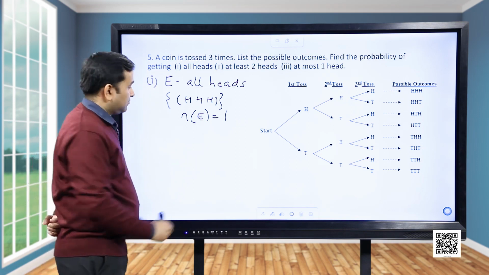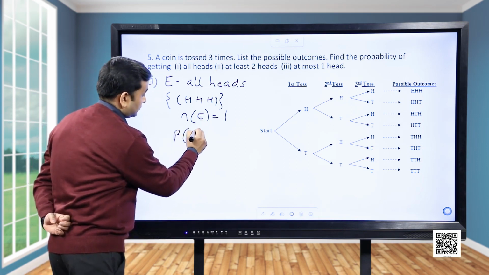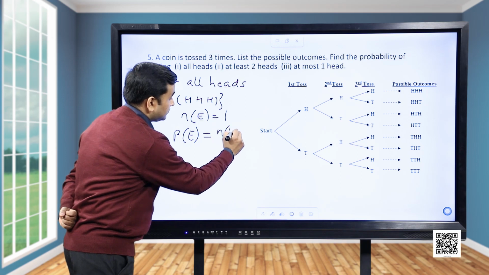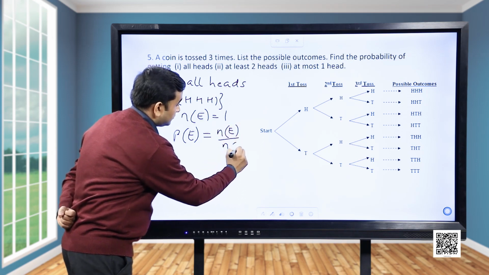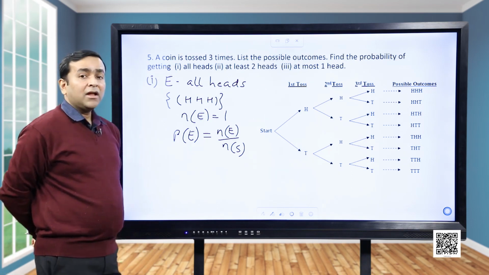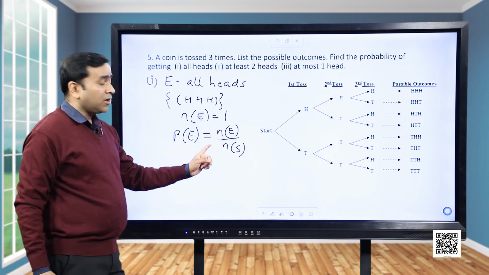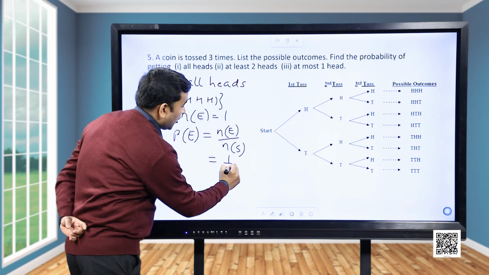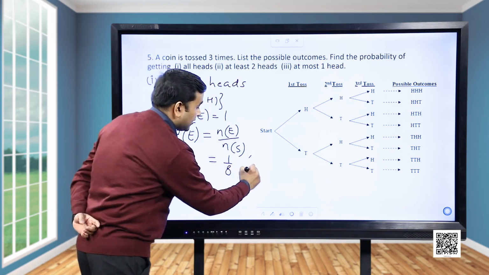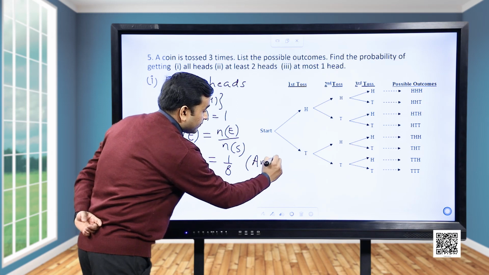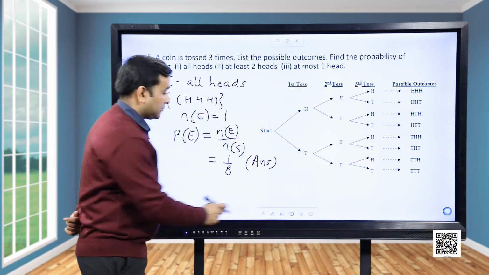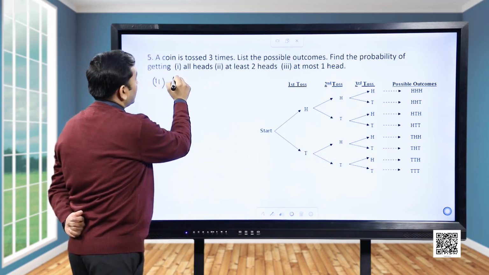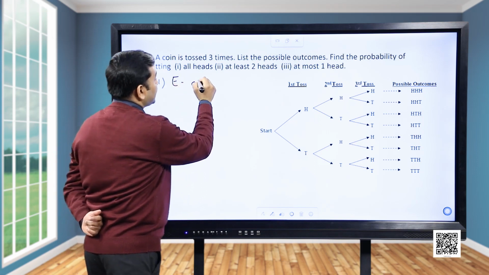So, what is our probability? This is the probability of the event, P(E), equal to n(E) upon n(S), that is number of favorable outcomes upon number of all the possible outcomes. Okay. And this is equal to 1 upon 8, and this is our required answer for the first part. Let us move to the second part. So, let E be the event that we get at least 2 heads.